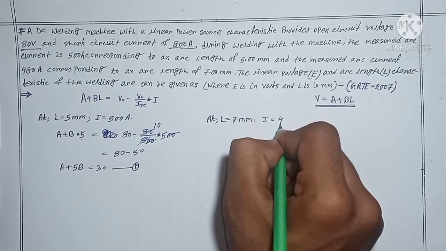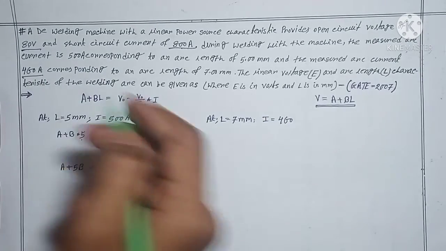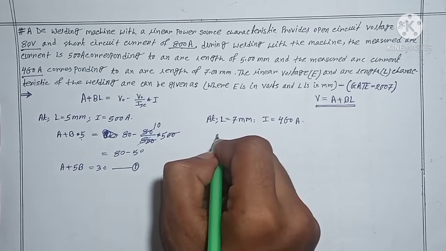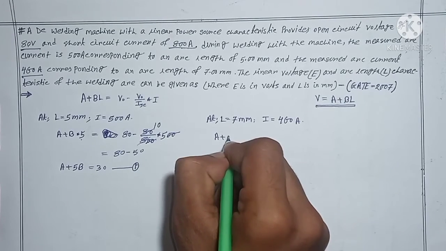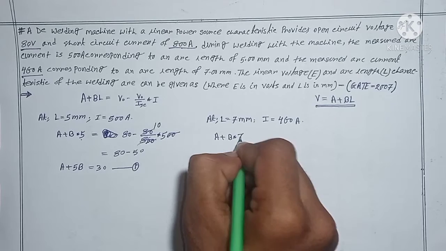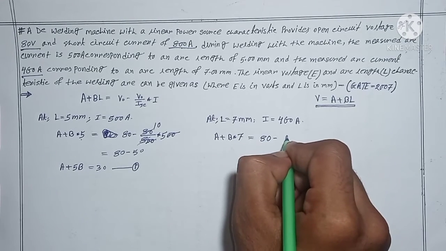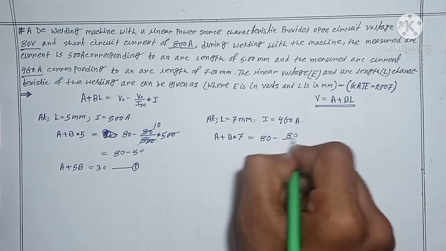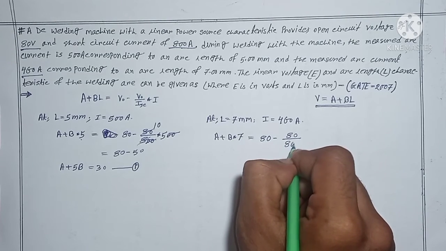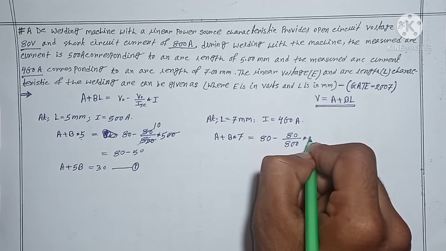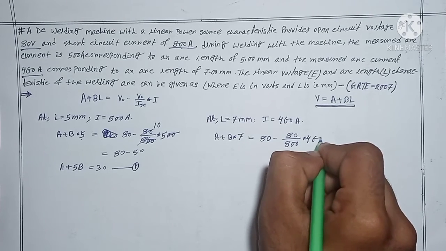Current is given there as 460 ampere. So this time you can write A plus B into 7 is equal to the open circuit voltage 80 minus open circuit voltage 80 by short circuit current 800 into 460.